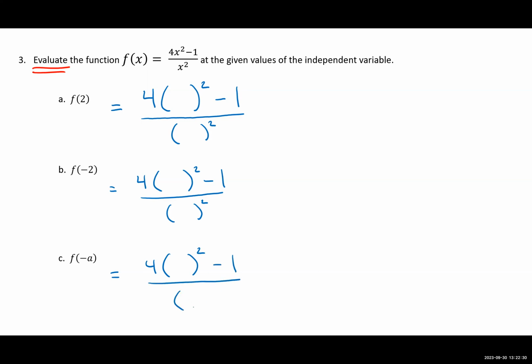And I'm doing them all at the same time just to show you that all three of these problems are done exactly the same way. In the first one, we're putting in the number 2, where there was an x. In the second one, we're putting in a -2, where there was an x. And in the third one, we're putting a -a in place of the x.